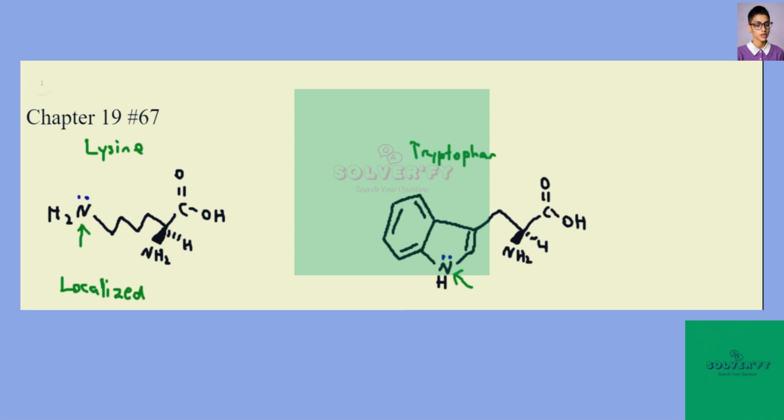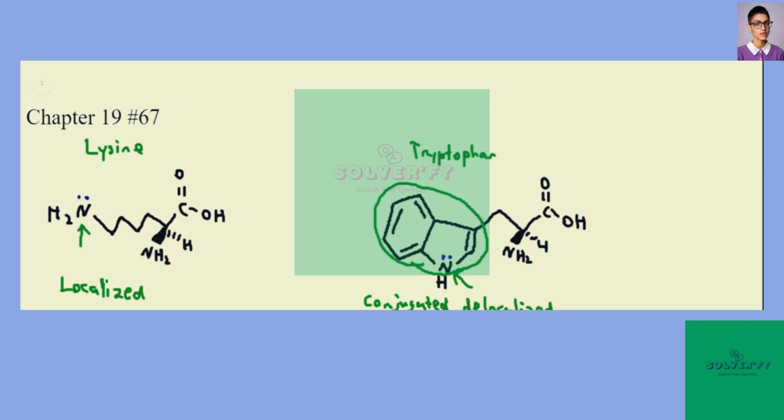However, in tryptophan, that lone pair is part of this 4 pi bond aromatic system here. So it's actually in conjugation with that system. So it's conjugated. And another way of saying that is that it's delocalized into that system. And so since it's delocalized, it's really not as though that lone pair is sitting right there on that nitrogen.